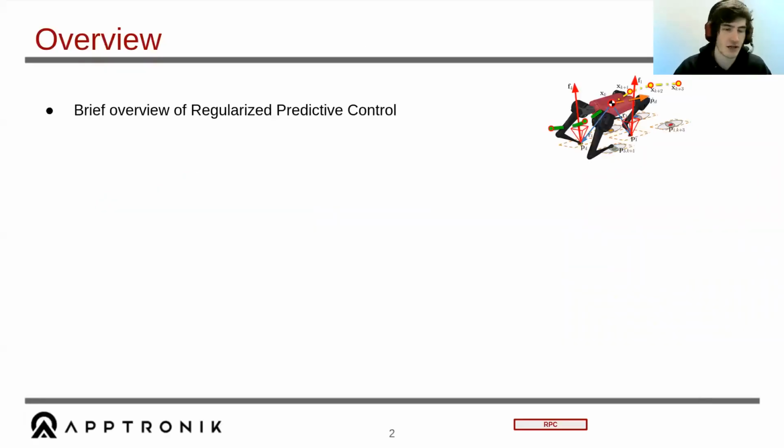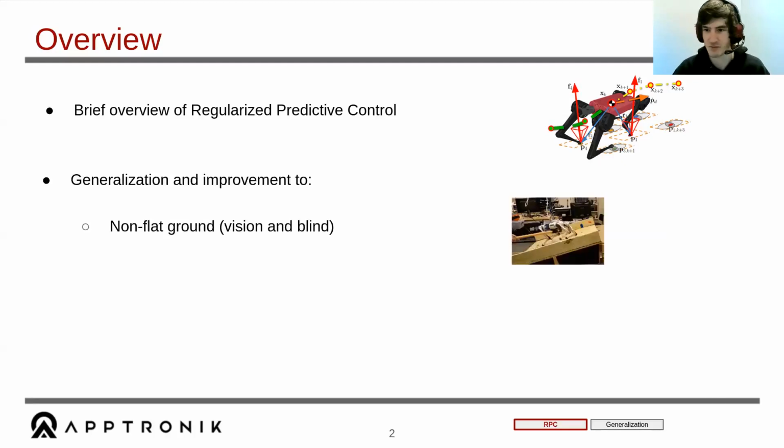As an overview, I'll give a quick recap on regularized predictive control, what the algorithm is, how it's related to model predictive control and how it branches off of it, and how it all works. And if you make it through that part, I promise I'll show some good robot videos.